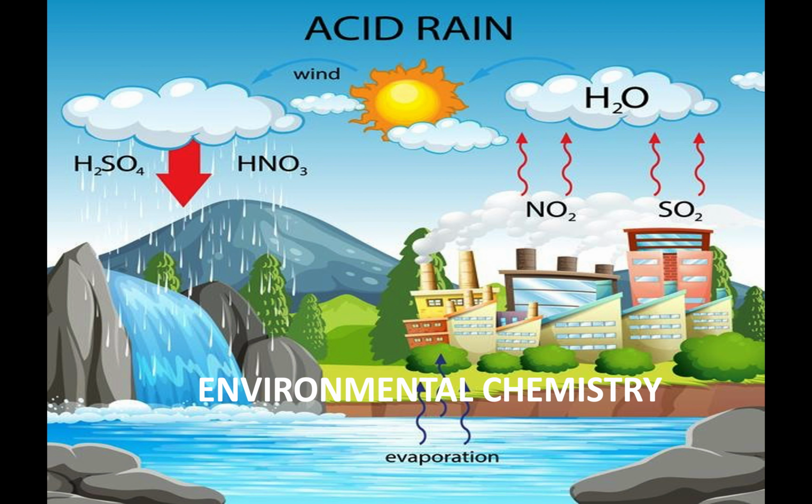The oxides of nitrogen and sulfur, that is, you can see in the figure NO2 and SO2, nitrogen dioxide and sulfur dioxide, are acidic in nature and they are blown by the wind along with solid particles in the atmosphere, and finally they settle down either on the ground as dry deposition or in water, fog and snow as wet deposition. Acid rain damages buildings and other structures made of stone or metal, and Taj Mahal in India has been affected by acid rain.